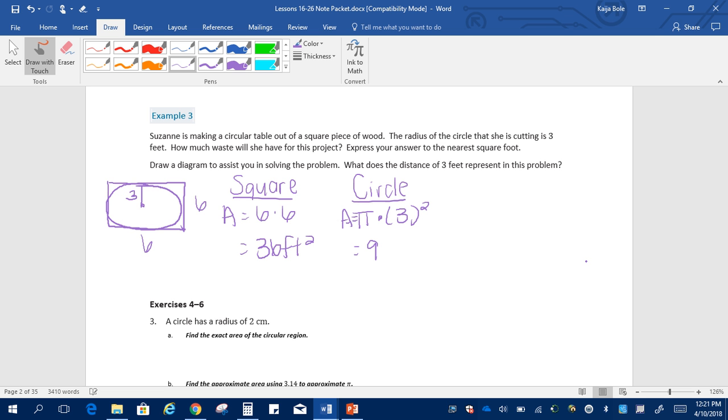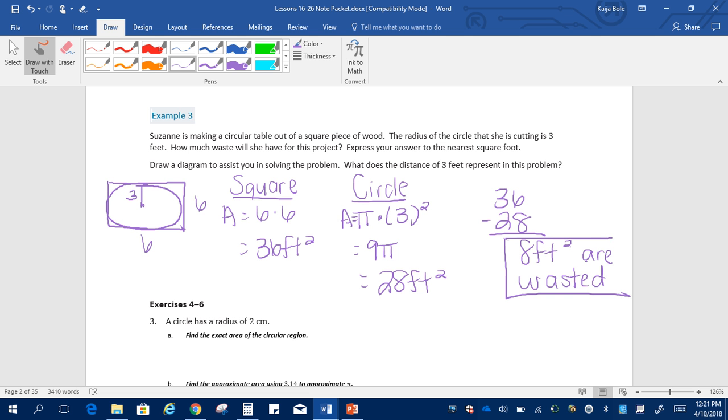So we would have 9 pi, and when you multiply that, I'm just going to round it to the nearest whole number. This would be 28 square feet. Now to find the amount wasted, we're going to find the difference between the two. So we would do 36 minus 28, and this would give us 8 square feet are wasted. Okay, so that's our answer for that one.